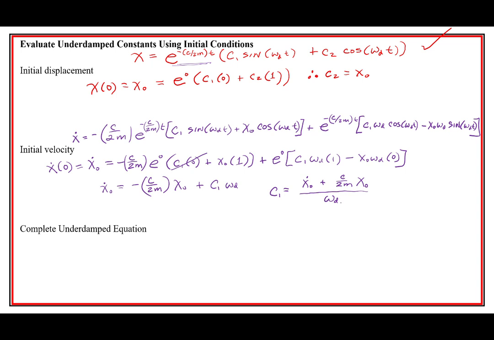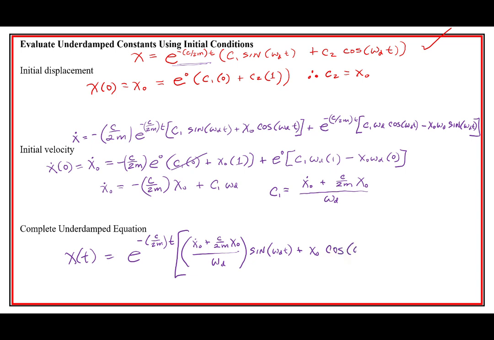So if we're going to write an equation using these initial conditions, the complete equation would be e to the minus c over 2m t, times x naught dot plus c over 2m x naught, divided by omega d, times the sine of omega d t, plus x naught, the initial displacement, times the cosine of omega d times t.